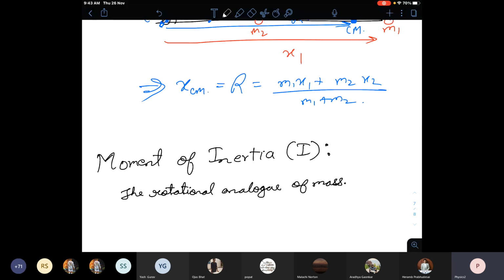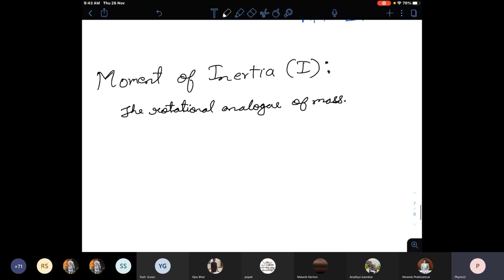You must have done the basics of circular motion, the kinematics of circular motion. You can replace linear displacement with angular displacement, s with theta. You can replace velocity with omega. You can replace acceleration with alpha, and so on. So what you are doing there is creating an analogy. If you are creating that analogy, in the same manner, mass must also have some analogy.